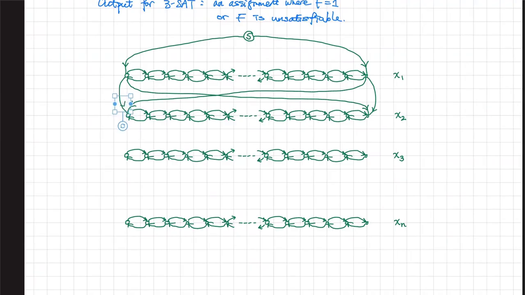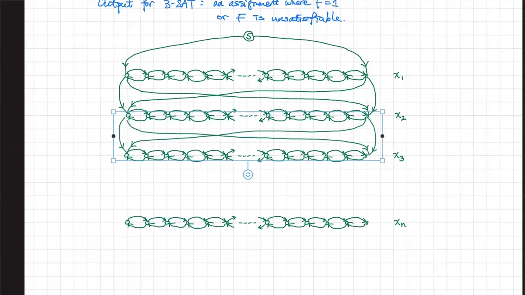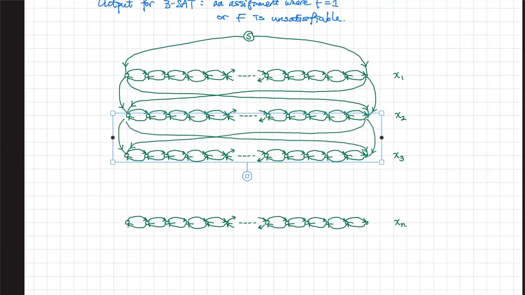Then you will do that in between each row. Good. So again, this row will point to the next row.